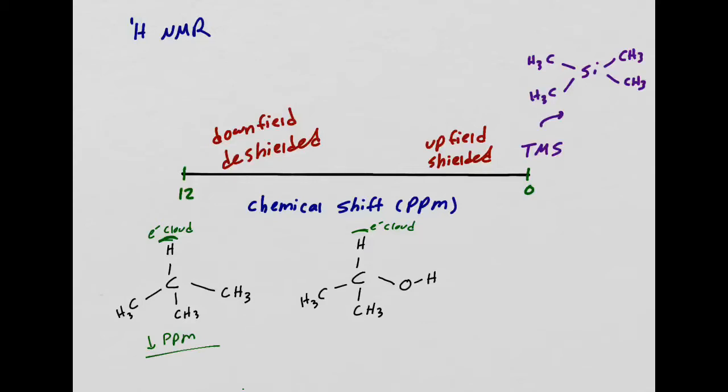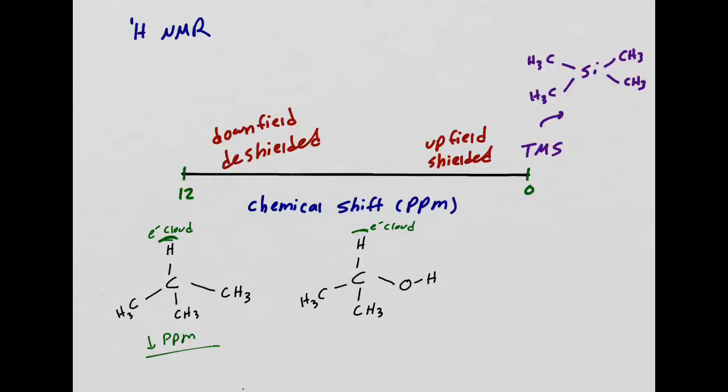Here I had a carbon. Here I have an electronegative atom. What is the electronegative atom going to do? It's going to suck those electrons away from the hydrogen, right? It's going to attract the electrons toward itself. So now the hydrogen is going to have less of the electron cloud around it.